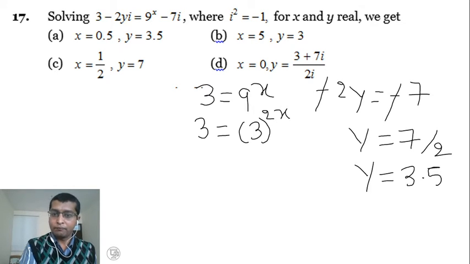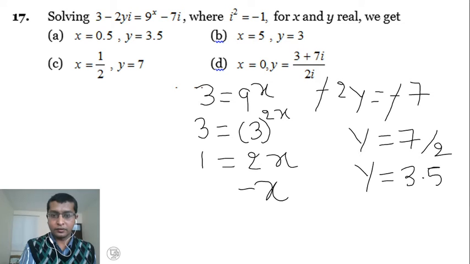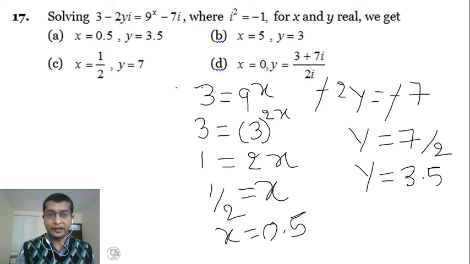So here bases are same, powers we have to equate. 1 equal to 2x, so the value of x is 1 by 2. So x equal to 0.5. So x equal to 0.5, y equal to 3.5. So option A is the right answer.